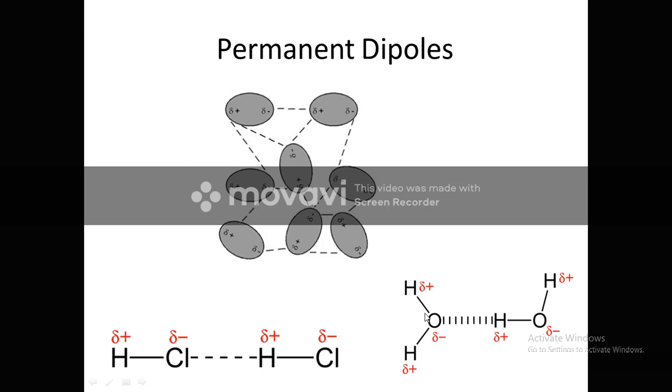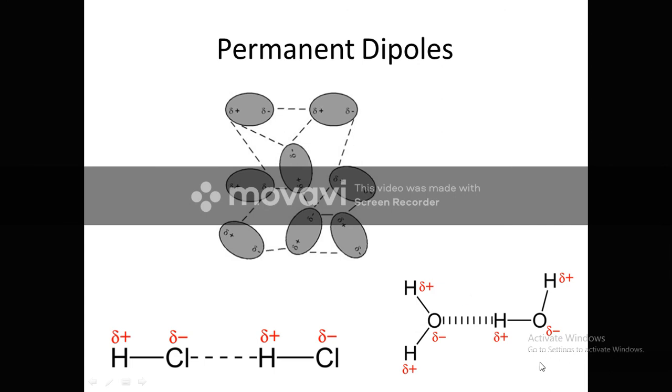Okay, similar is the case with water. H2O is also an example of permanent dipoles, and the H are the positively charged dipoles and O is the negatively charged. The angle between these two H will always be 108.5 degrees, just like that.